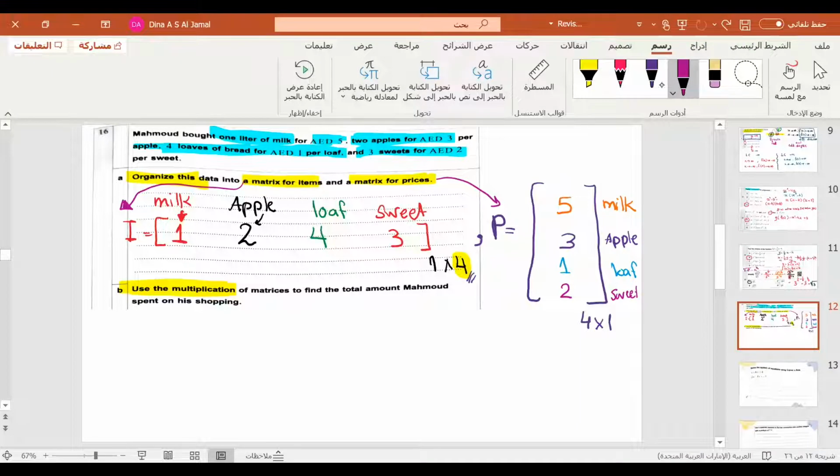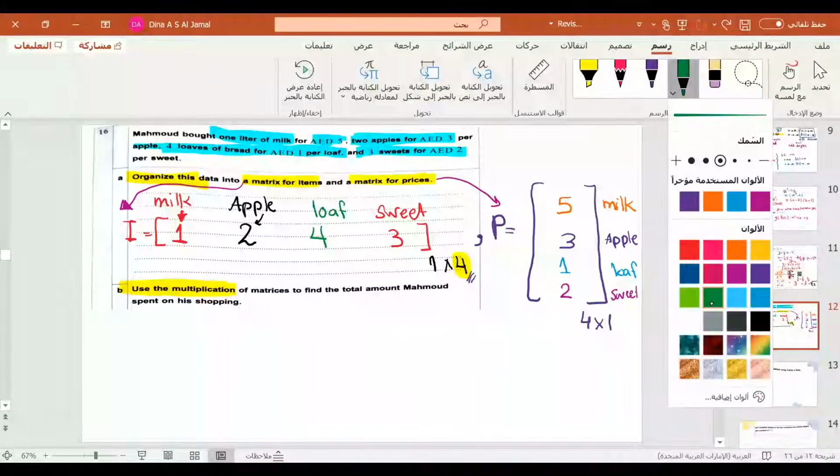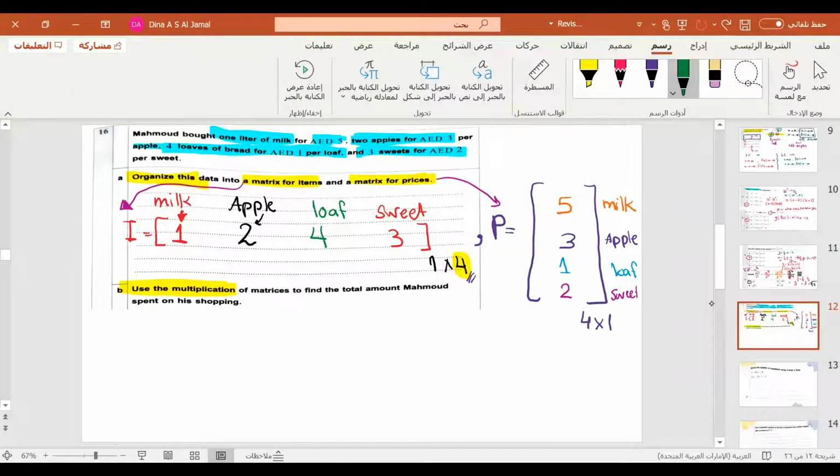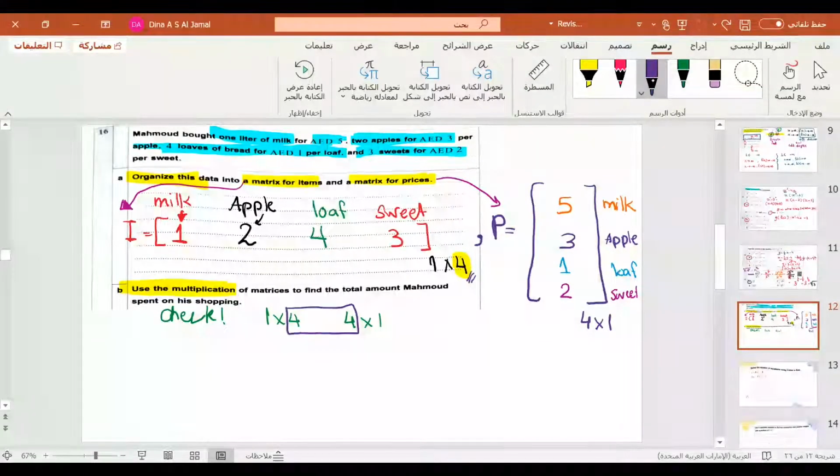Now, let's use the multiplication. So first, let's check whether I can multiply or not. So I'm having 1 by 4, 4 by 1. Can I multiply? Yes. I checked the inner dimension. So your answer will be 1 by 1.